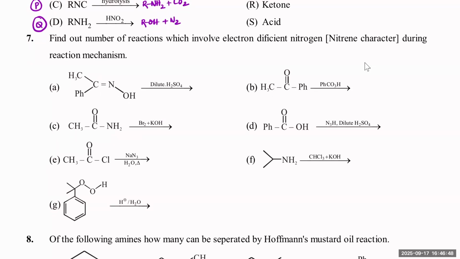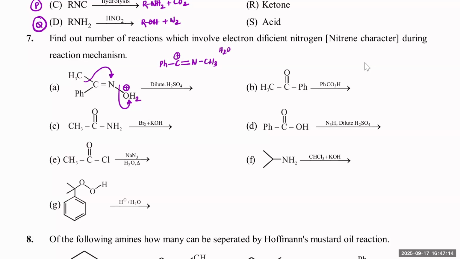See, first one is a Beckmann rearrangement, because this is an oxime. Oxime in acidic medium will get protonated to become OH2. OH2 is a good leaving group. So from here it will start moving on to nitrogen and OH2 will go away. So what do I get? I'll get PhC double bond plus N and CH3.